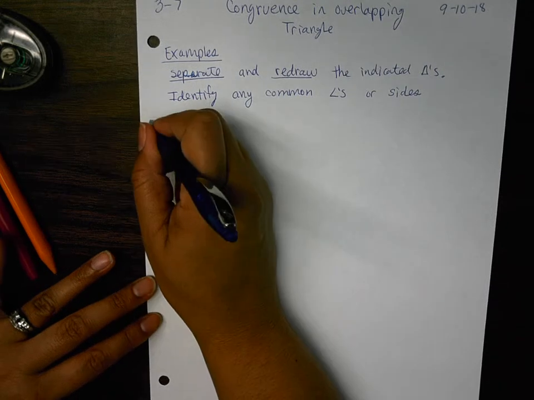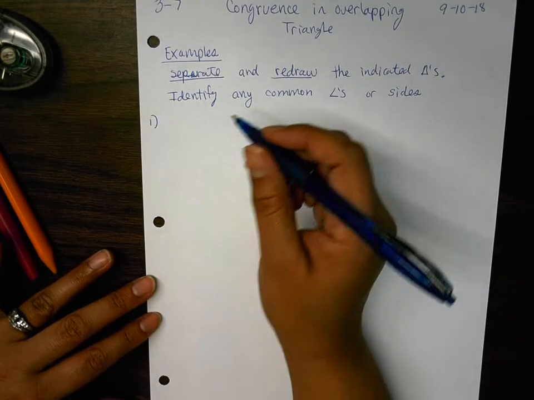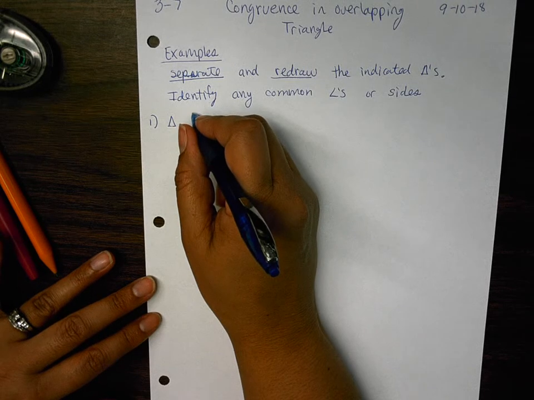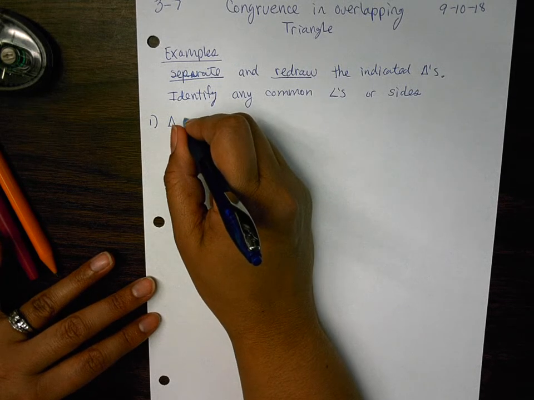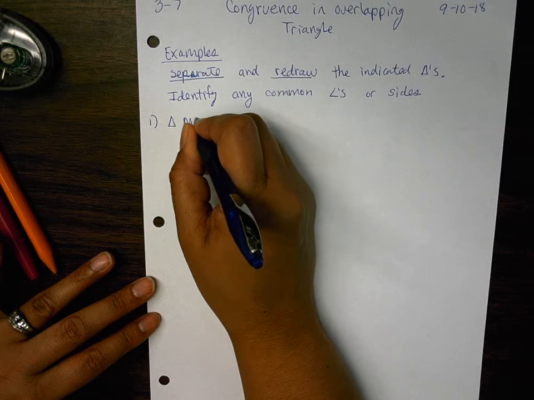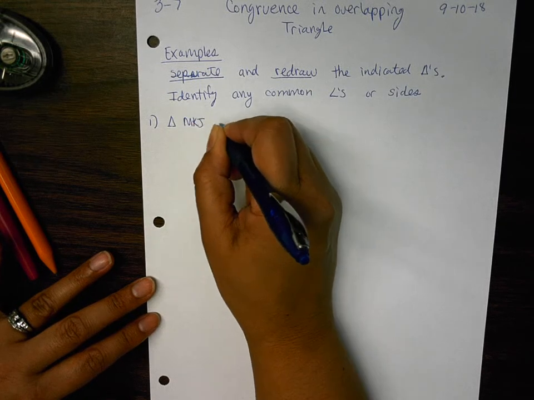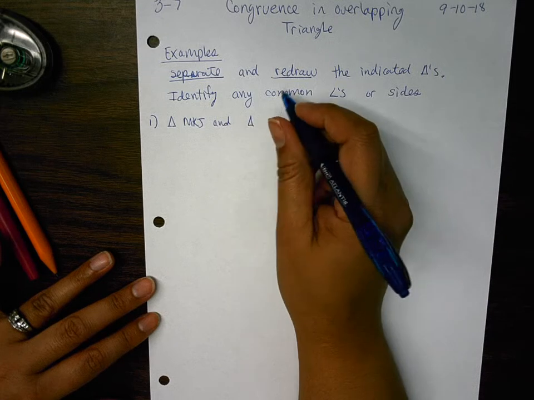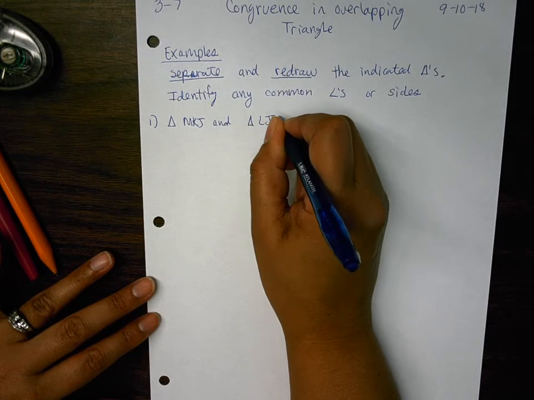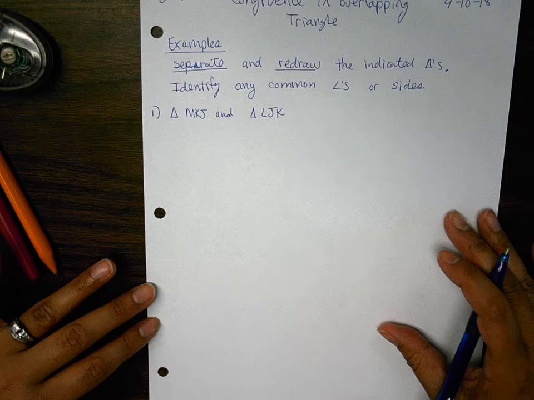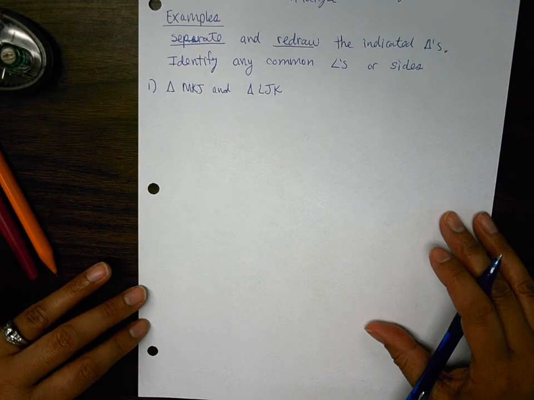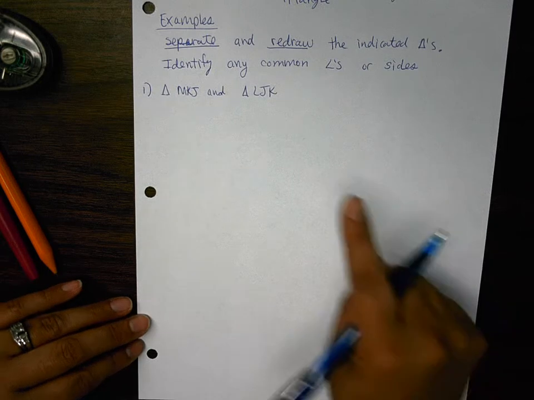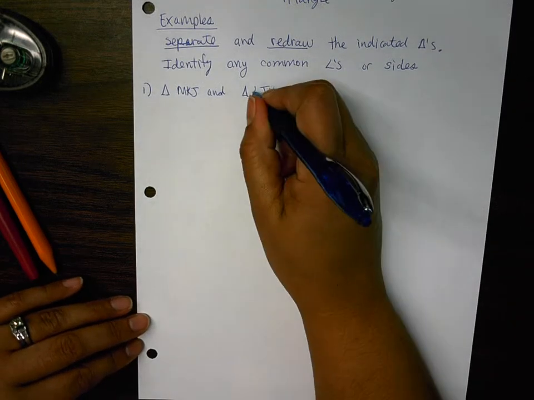All right, number 1. Triangle MKJ and triangle LJK.